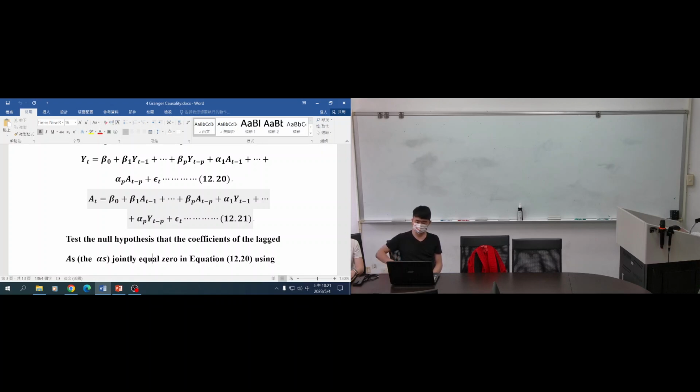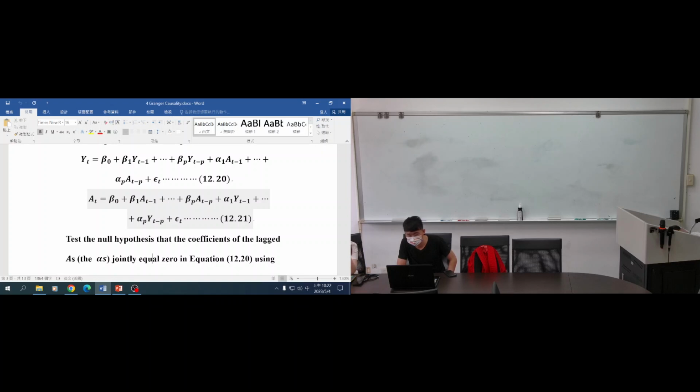So if I can test that all the alphas from alpha 1 to alpha p for equation 12.20 are significant, it means A is significant to affect Y. If the alphas here are significant, it means Y is significant to affect A, right? But there are several situations. We may have 4 situations.